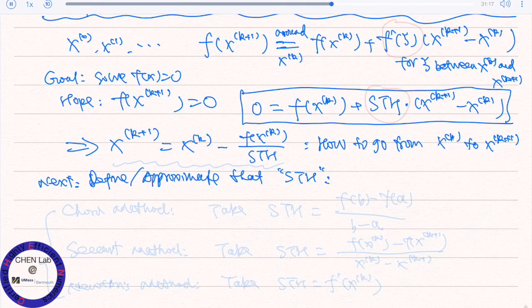And you should remember what that something represents. The something is this f prime c, remember? And the c is between xk and xk plus 1. F prime c is a slope, the slope of the tangent line somewhere there.